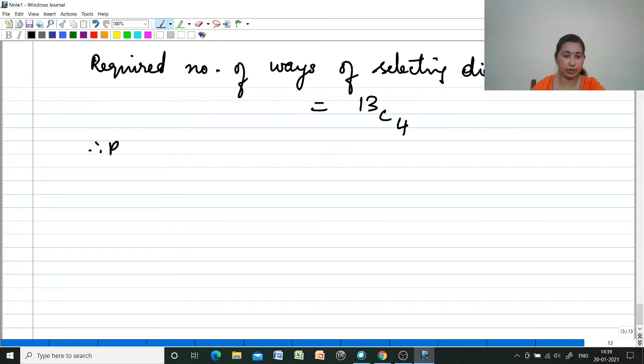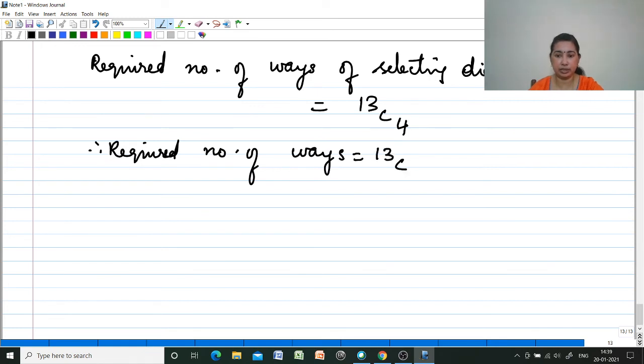Therefore the required number of ways is equal to 13C4 if it is diamond, or otherwise it can be club, then also the number of ways of selection is 13C4. If 'or' comes, we have to put a plus in between. If it is 'and', we have to multiply. So 13C4 plus 13C4 plus 13C4 plus 13C4, because either it will be diamond, or heart, or spade, or club.